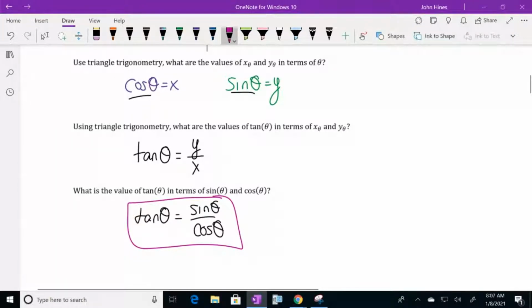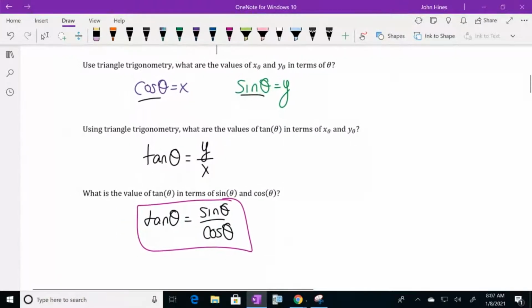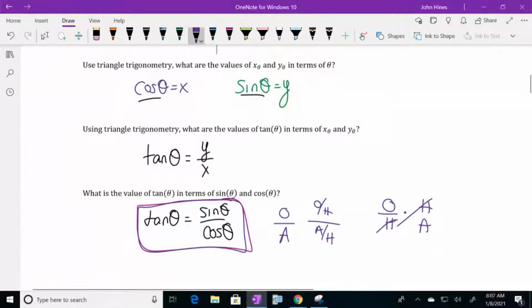Instead of thinking about it as opposite over adjacent, we still can. It is still opposite over adjacent. But instead of just using that, I can use sine, opposite over hypotenuse, divided by adjacent over hypotenuse. Well, when we do the division, when we keep, change, flip, our h's cancel out there and we're left with O over A. So that's why tangent equals sine over cosine.